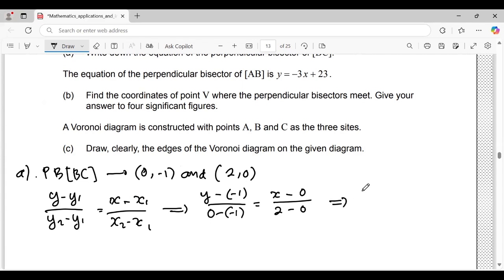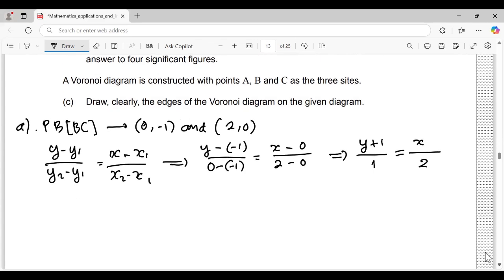It becomes (y plus 1) over 1 equals x over 2. As we move here, 2 times (y plus 1), 2y plus 2 equals 1 times x. 2y equals x minus 2.